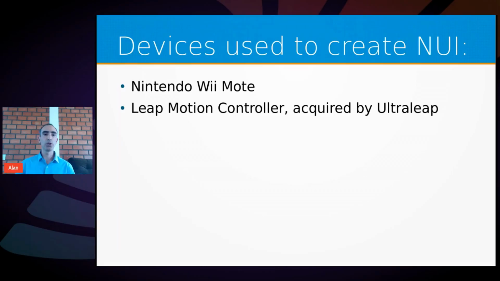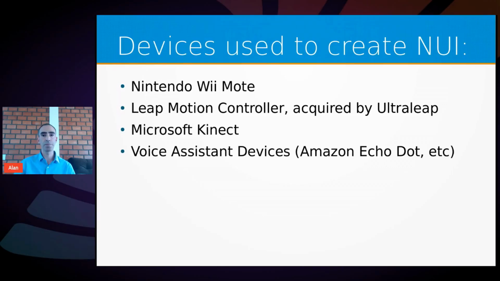Also, the Leap Motion controller, where you can move your fingers and your hand in front of the screen and control windows or any kind of interface. Also, the Microsoft Kinect, which can detect the human body and execute anything based on gestures or other features that the user or developer decides to create.